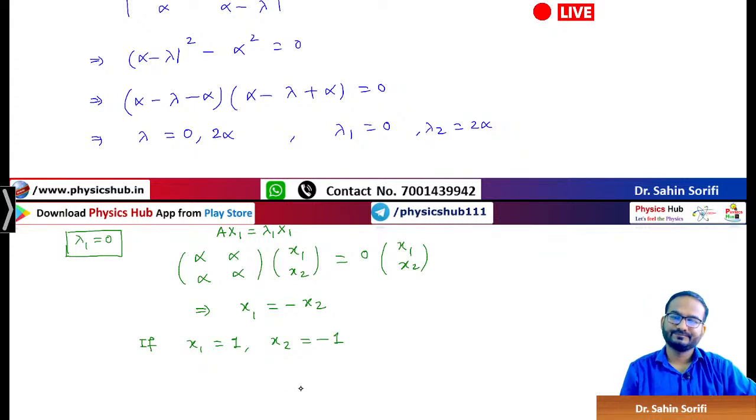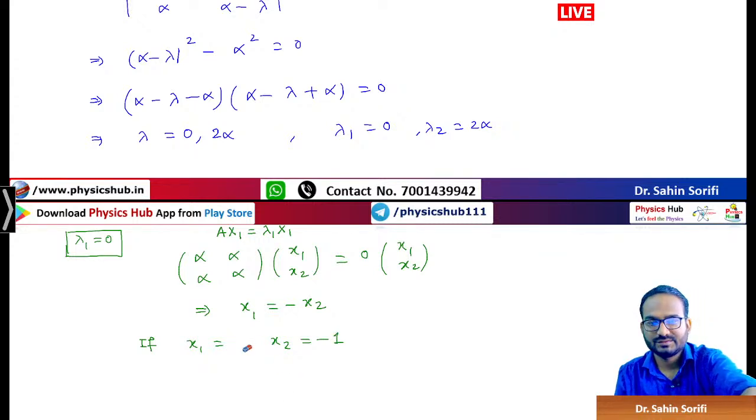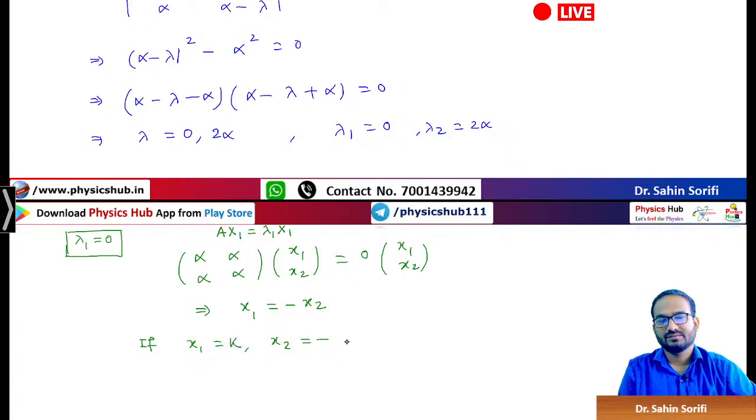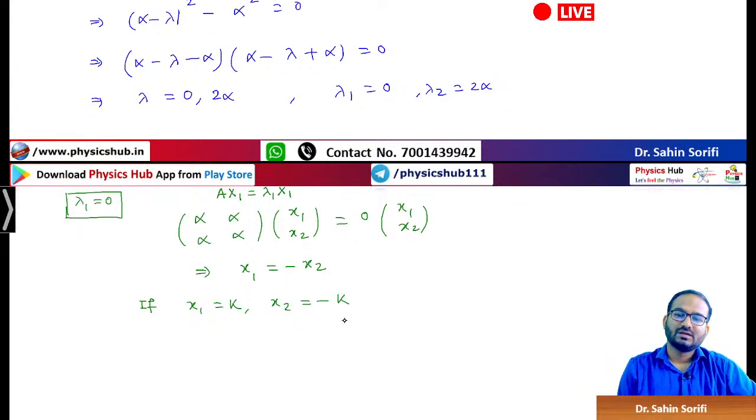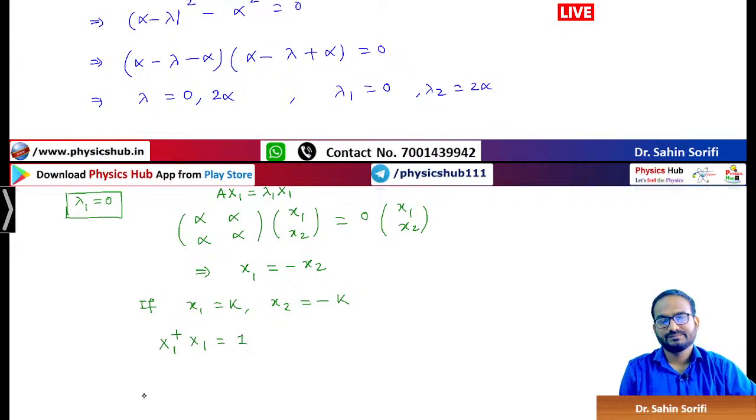Or if you take x1 equal to k, because this is an arbitrary relation, x2 will be minus k. Now using this, we can use the normalization condition x1 dagger x1 equals 1.